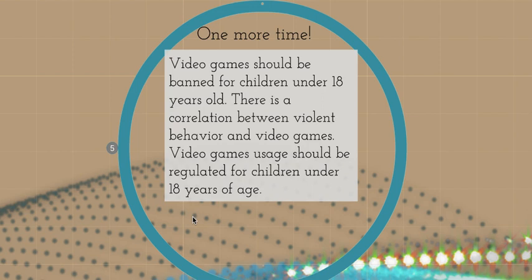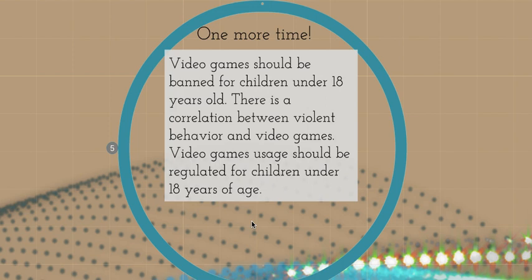And the third is that the word choice to help me understand this is words like should be. This whole phrase, should be banned, tells me that this author holds a strong opinion in regards to this position. And then again down here, should be regulated for children under 18 years of age. Now obviously this is a very tiny bit of a much larger piece of writing, but this does give us an indication of what this author believes and why he or she believes it.